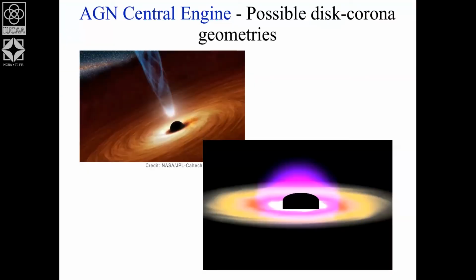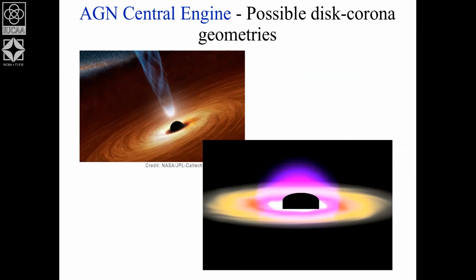For example, particularly in radio quiet AGNs, we do not observe strong jet emission, so there may not be a strong jet here. In such cases, the hot corona may be a roughly spherical region surrounding this black hole, on top of the innermost accretion disk.